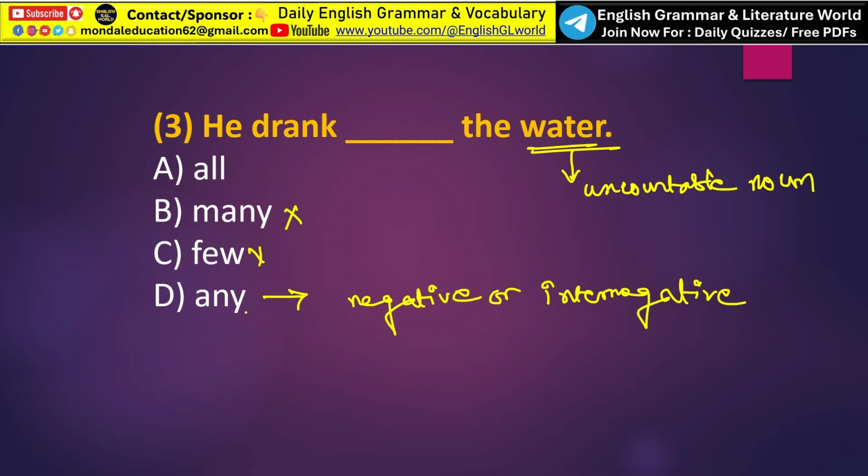That's why any is not the correct answer. The correct answer is option A, that is all. Why is all correct? All is used before an uncountable noun or generally in the sense of completeness. So he drank all the water.